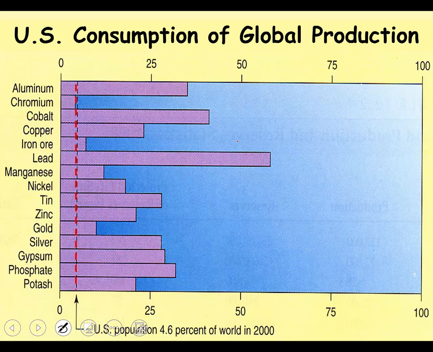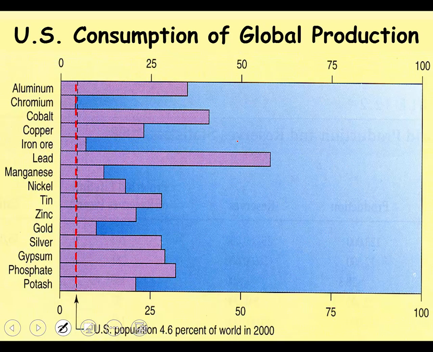We use a lot more than our proportional share, but then we produce a lot. So I'm not saying that's good or bad, but you might notice that in some cases we use over half the world's lead, even though we have 5% of the world's population. So hopefully we have a lot of lead, unless of course we don't.